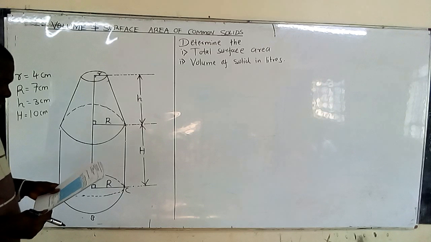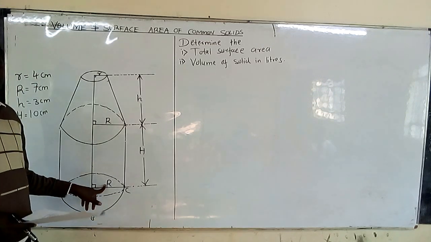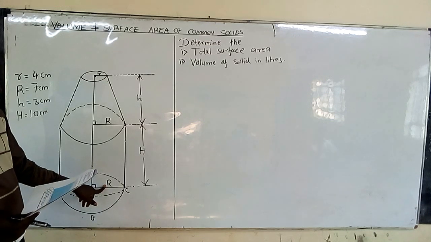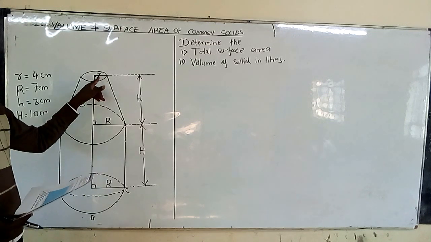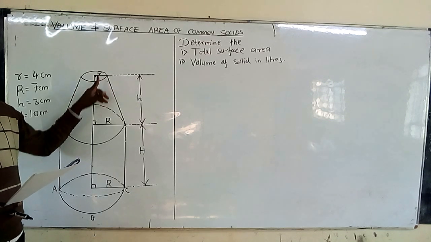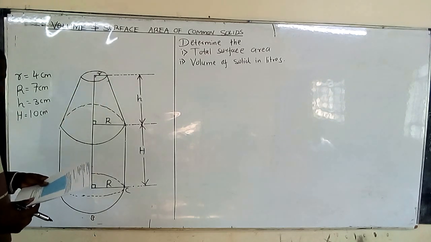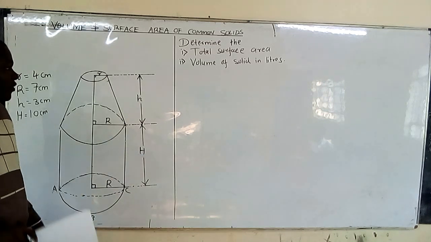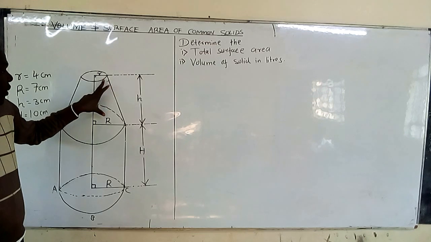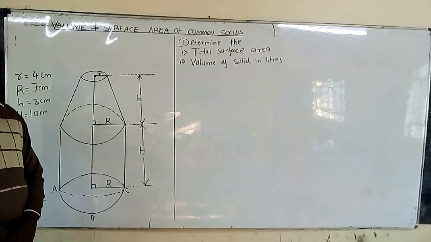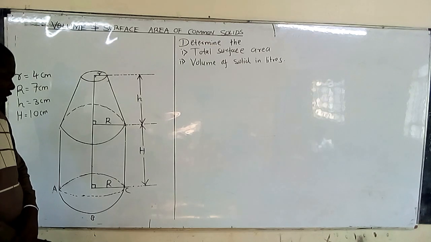The base has a radius capital R, with the top a truncated cone with top radius small r, and the cylindrical part has the height capital H, and the frustum of the conical part has the vertical height small h, isn't it?